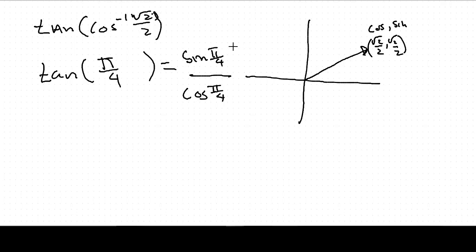What is the sine of pi over 4? Root 2 over 2. What's the cosine of pi over 4? Root 2 over 2. So what would that be equal to if I simplified it? It's just 1. So this is equal to 1.